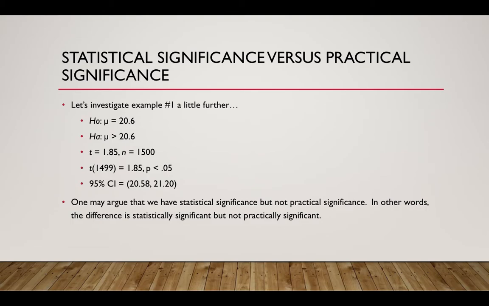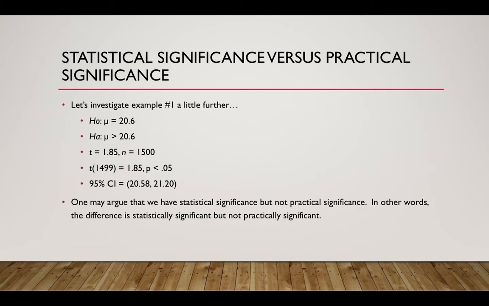Example number 1, if you crunch the numbers on that, you can see, come down to the 4th bullet from the first big bullet, that T, degrees of freedom 1499, we'll get into that in the next video, is 1.85, and if you calculate the p-value, it's less than 0.05.